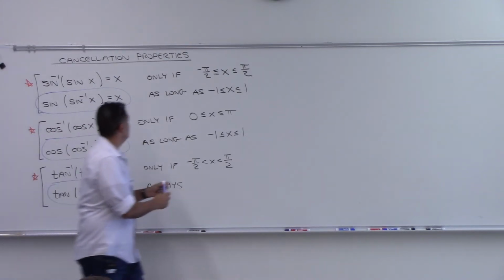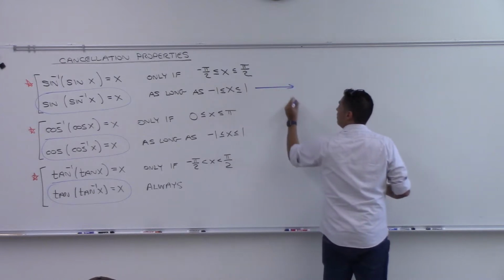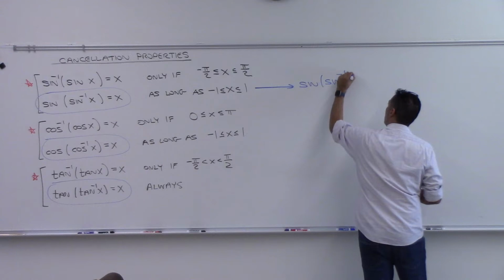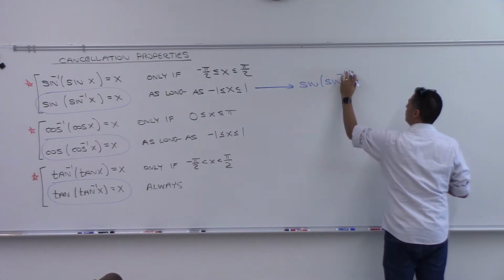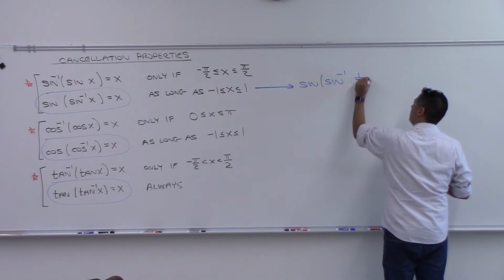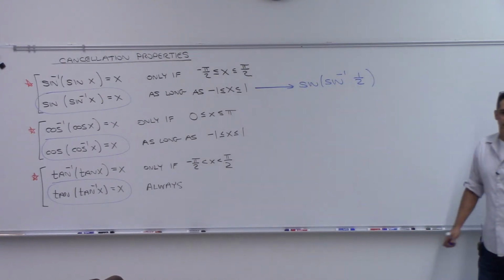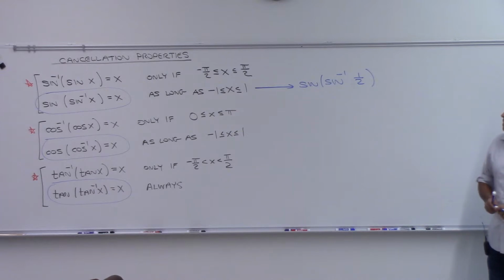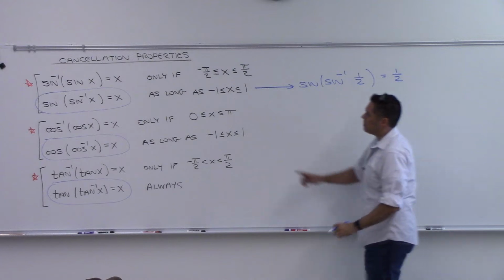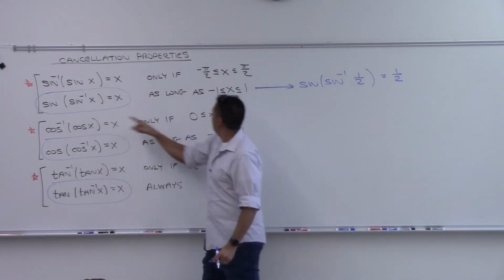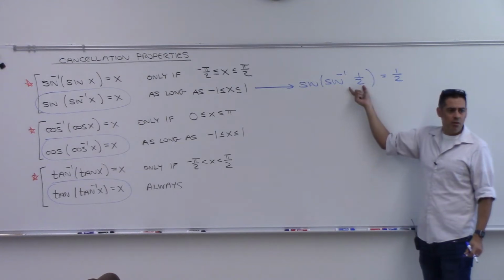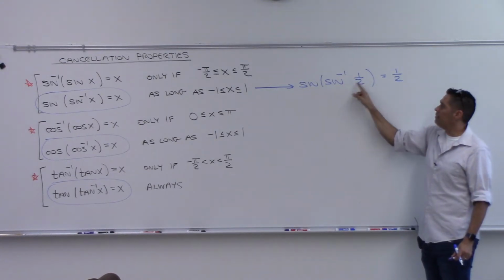So let me show you that. If I do sine of sine inverse of, let's say, a half, that answer should just be a half. The reason is that the x we were plugging in was between -1 and 1, and so this is defined. You can only plug in numbers between -1 and 1 into the inverse sine.